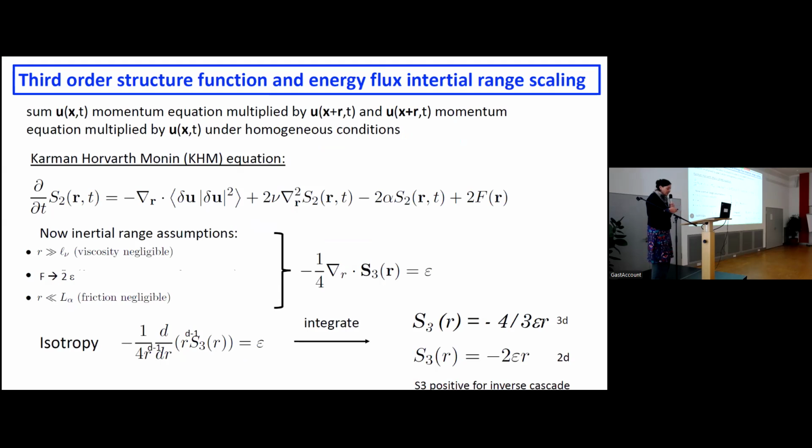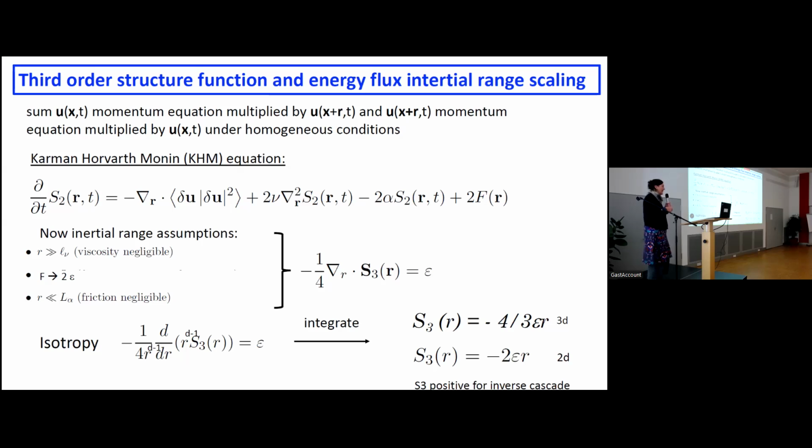And now we're coming to the higher order moment, which would be the third order structure function. Usually when you look at the third order structure function and how it's related to the energy transfer across scales, you look at this Kármán-Howarth-Monin KHM equation. How you get there is you sum the momentum equation for u of x and t multiplied by u of x plus r and t, and the u of x plus r and t momentum equation multiplied by u of x and t.